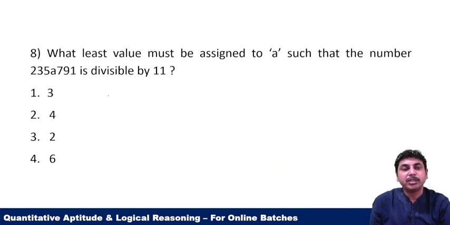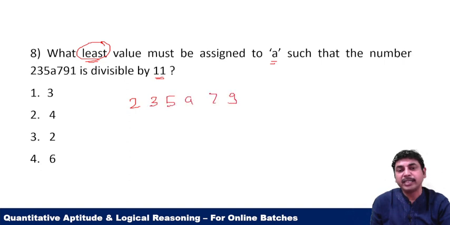This particular question checks your divisibility rule of 11. What is the least value that must be assigned to A such that this number is divisible by 11? As far as the divisibility rule of 11 is concerned, you have to take the sum of alternate digits. The alternate digit of 2 is 5, 5's alternate digit is 7, 7's alternate digit is 1.